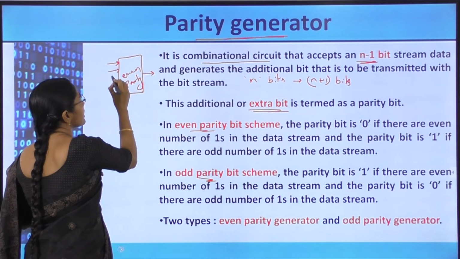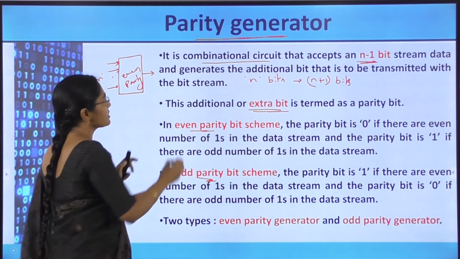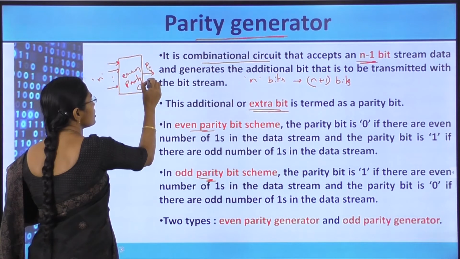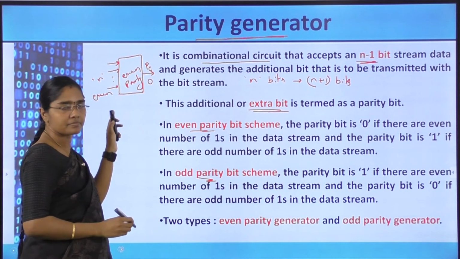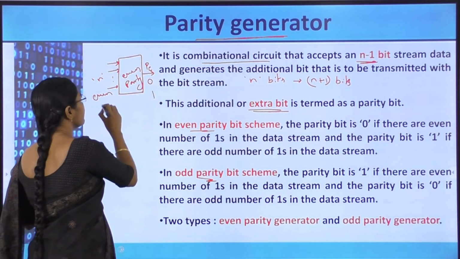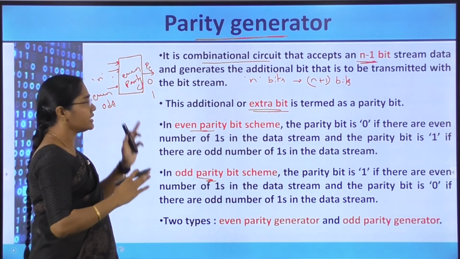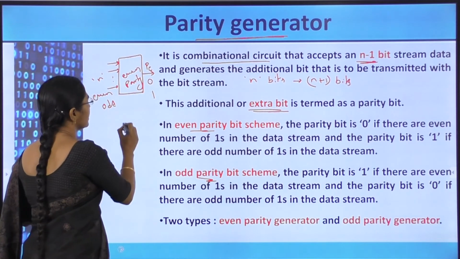So let's take an input of some n bits. It will check the n bits and give the even parity bit as 0 if the number of ones is already even on the input side, or it will give 1 if the number of ones is odd on the input side. The odd parity generator does exactly the reverse.